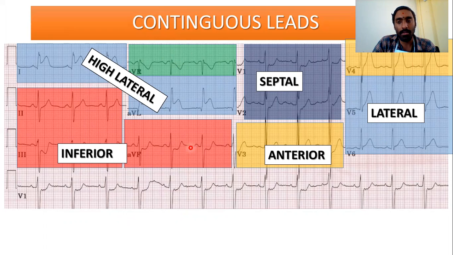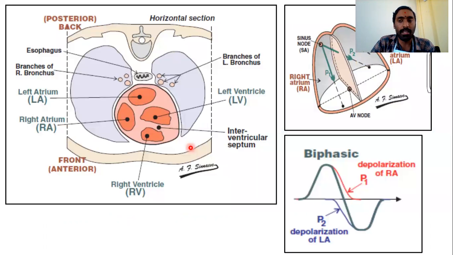Once we know the ECG, we'll see how each wave is generated, and let's understand what the squiggles in the ECG are. The first wave that we are going to get is called the P wave. It is going to be biphasic in the precordial leads because the electrical impulse is traveling from the right atrium to the left atrium posteriorly, and lead V1 is going to see this as a negative deflection because it is going away from it.